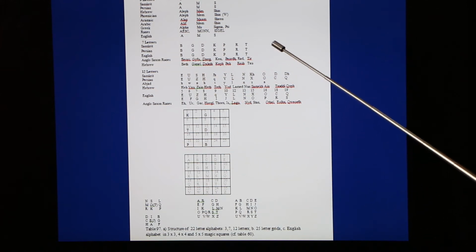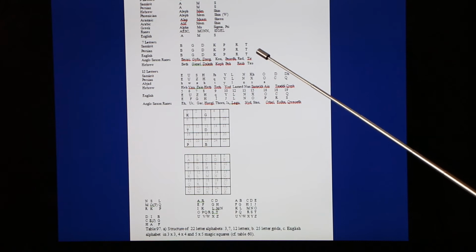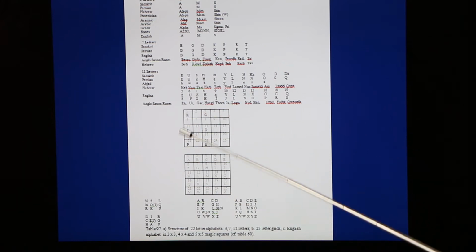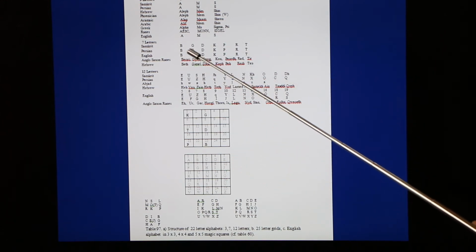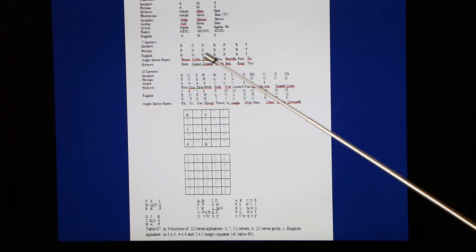That's followed by 7 letters, of which 6, as we showed, fit into the 25 square thing, the BGDKPRT.